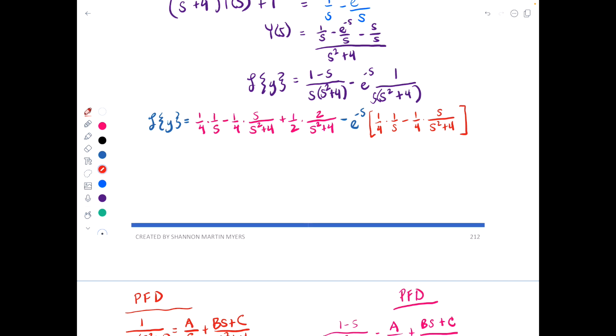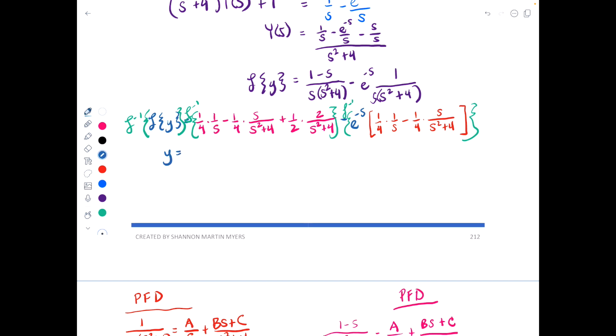And now we do the inverse. So if we take our inverse Laplace on both sides, then we will have, it feels like we need a drum roll or something, right?